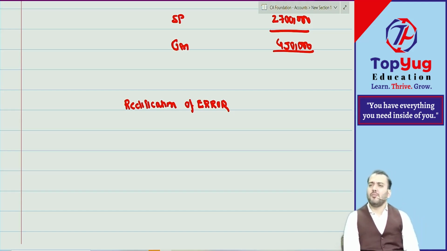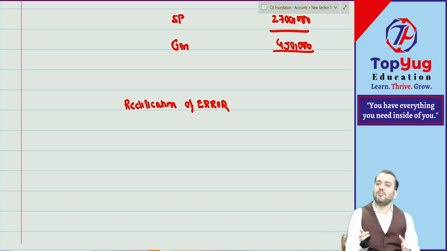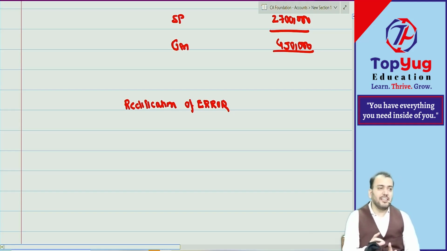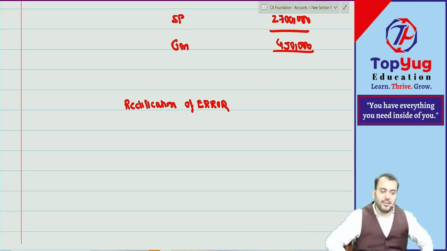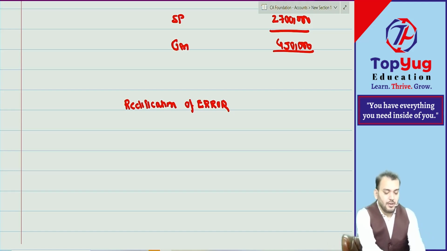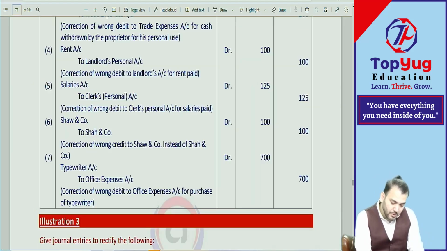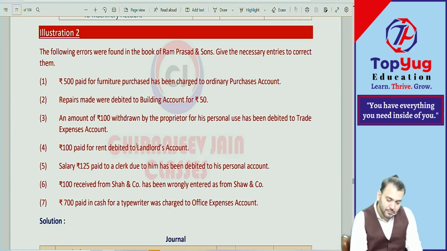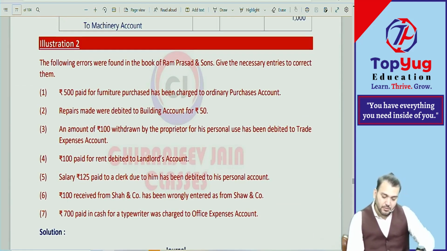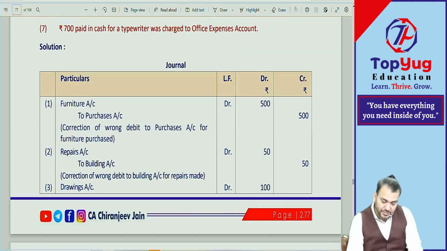I think we have understood that for doing rectification, first we need to identify one-sided or two-sided. One-sided will be rectified by writing a statement in the rectification statement. Two-sided error will always be rectified by passing a journal entry. Correct? Any doubt? And we have done one illustration also. I hope there is no doubt in that. Correct? No doubt. Now come to the second stage.